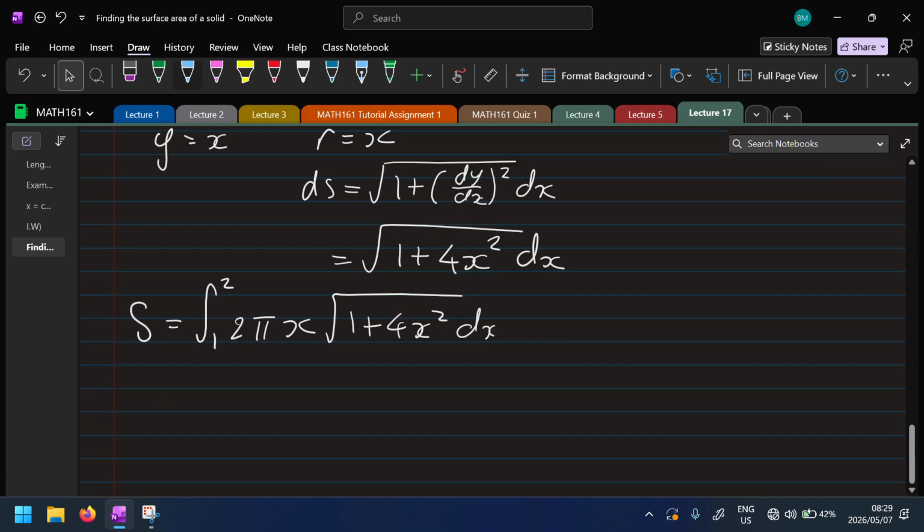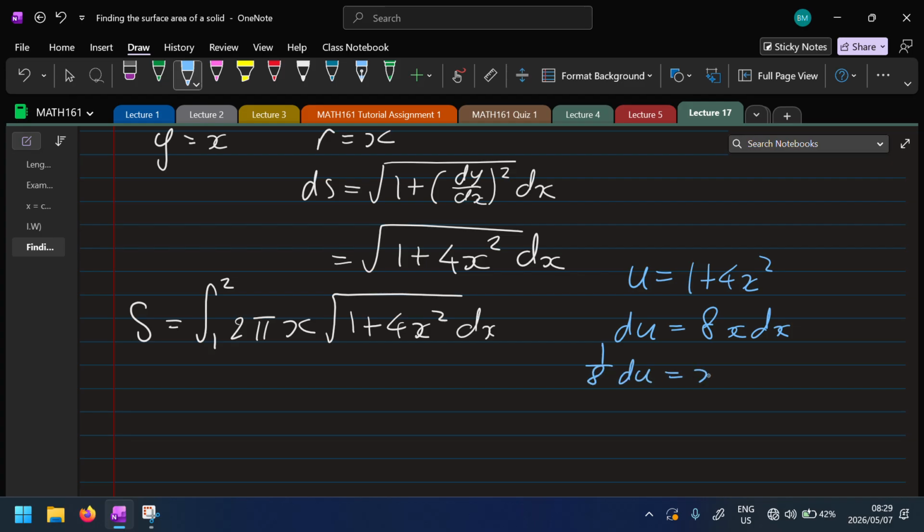Okay, well, let's just keep things simple here. So u is going to be 1 plus 4x squared. So du, that will be 8x dx. In the front there, we've got 2 pi x, so let's take this over to the other side. So here we have 2 pi over 8 integral, the bounds. If we put x equals 1, we get u equals 5.